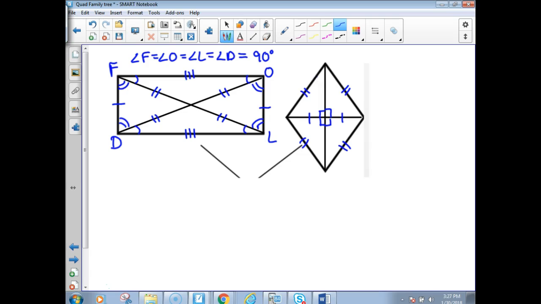Because the diagonals bisect opposite angles, these 4 angles are equal to one another. And then going to the left and right, those 4 angles are equal to each other. Don't forget that since you have a right triangle in those figures, you could use Pythagorean theorem, a squared plus b squared equals c squared.